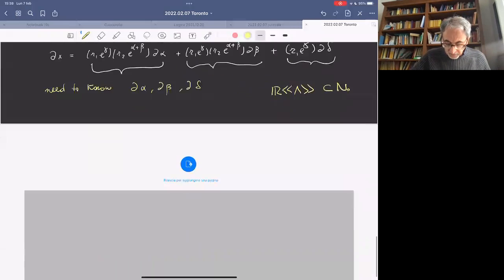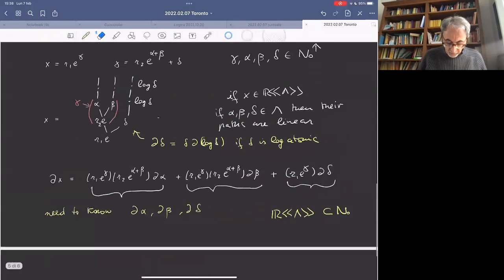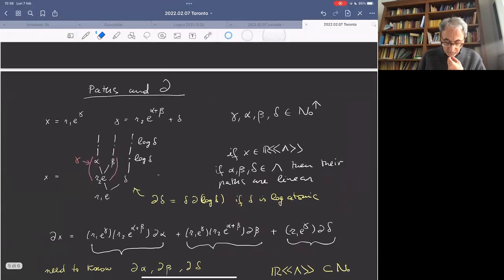Okay, now we have that the most difficult theorem is the following. Sorry, I didn't explain exactly what this tree is. This tree, the nodes of this tree, let me write it here.